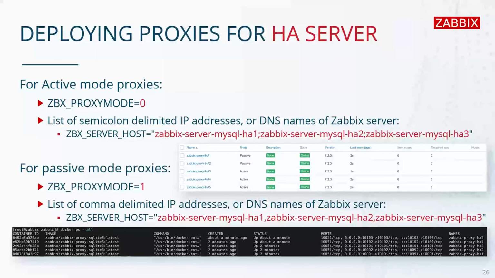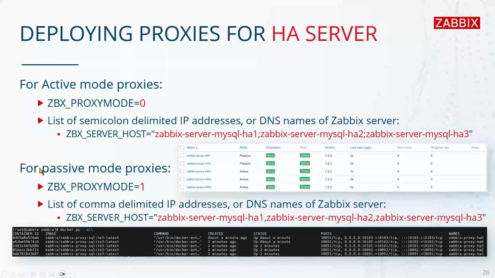So how do you deploy proxies for a high availability server? It depends on what kind of mode your proxy is running in. So if it's in active mode, in this case it's ZBX_PROXYMODE equals 0. You will have to specify in this environment variable ZBX_SERVER_HOST the list of IP addresses or DNS names of Zabbix servers delimited by semicolon.